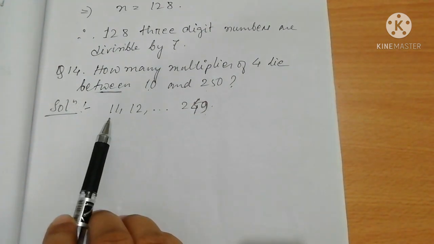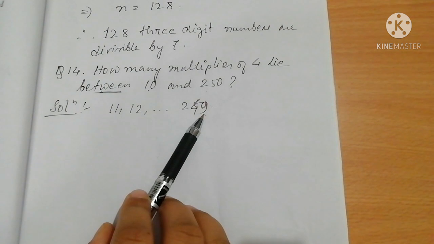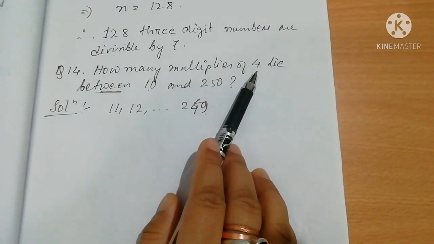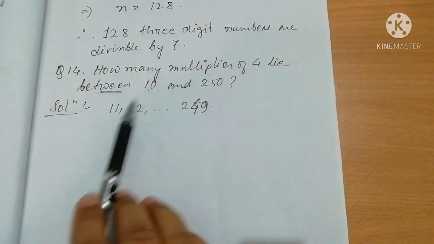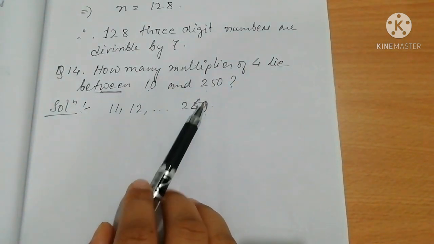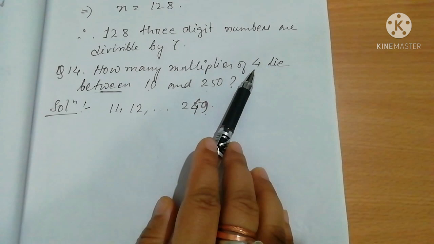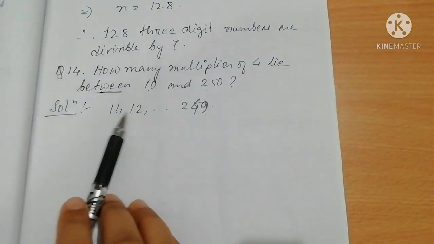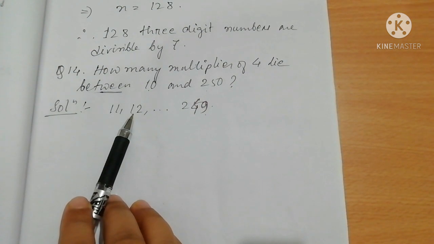So these are the numbers. But from these numbers, we need to see how many multiples of 4. So multiples of 4 only we will be including here. So multiples of 4 are always even numbers. That means 11 will not be included. So the series will start from 12.